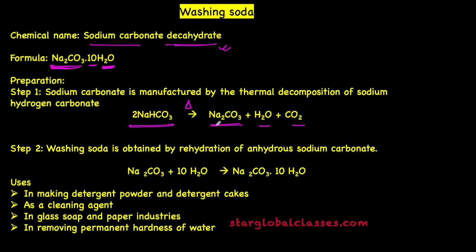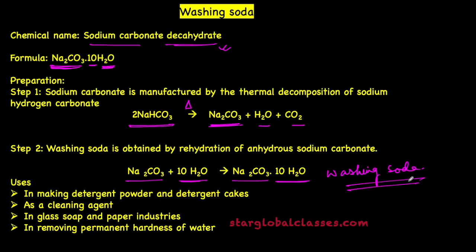The sodium carbonate does not contain water because it is not added to water. Now when water is added to it, it reacts with water and makes sodium carbonate decahydrate, which is known as washing soda.